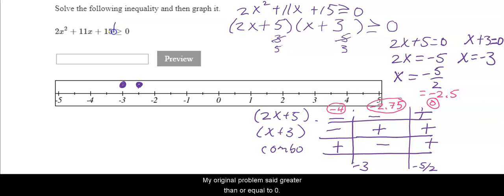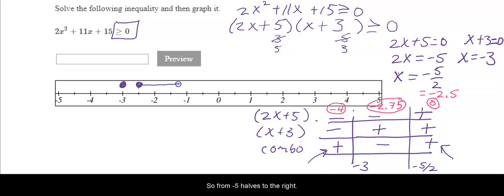My original problem said greater than or equal to 0. Where am I going to be greater than or equal to 0? I equal 0 at the vertical bars or the solutions to each factor. I'm greater than 0 when I'm positive. That would be on the far right and the far left. So from negative 5 halves to the right and negative 3 to the left.